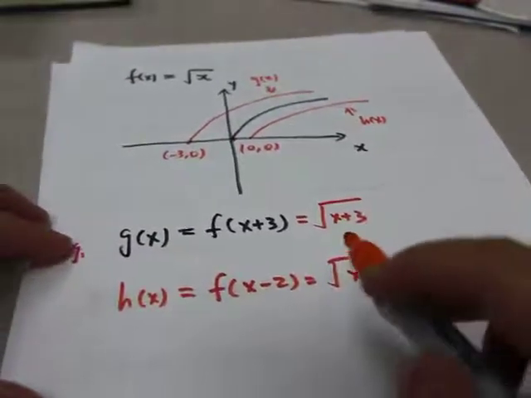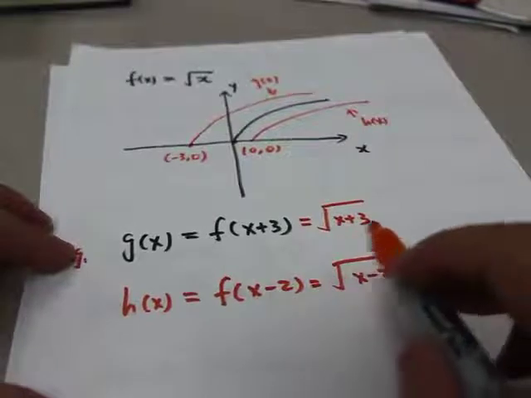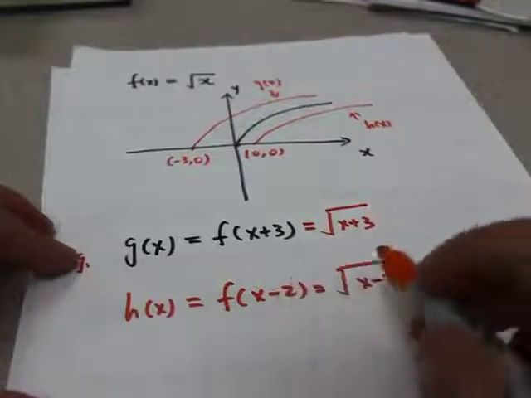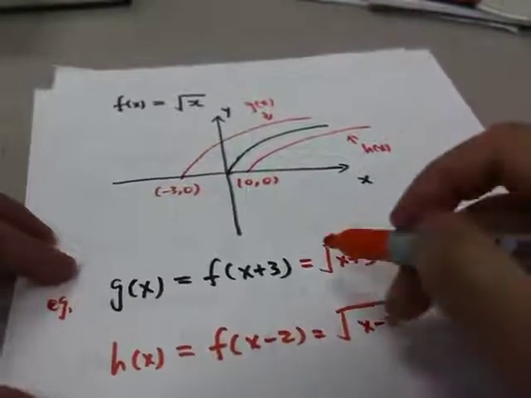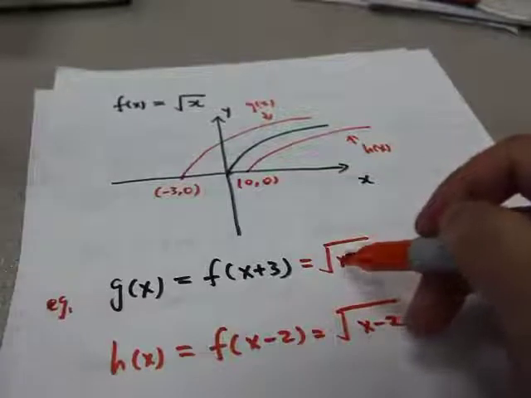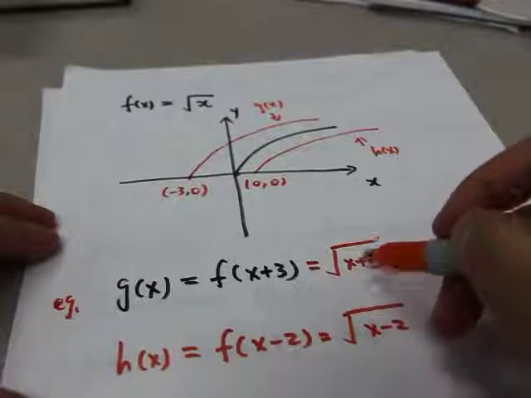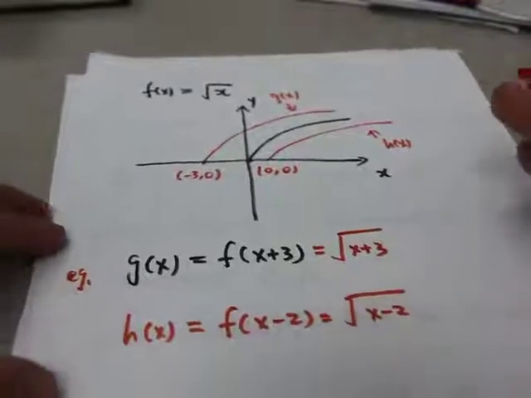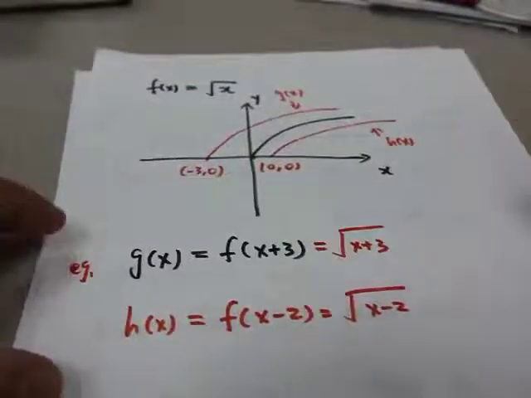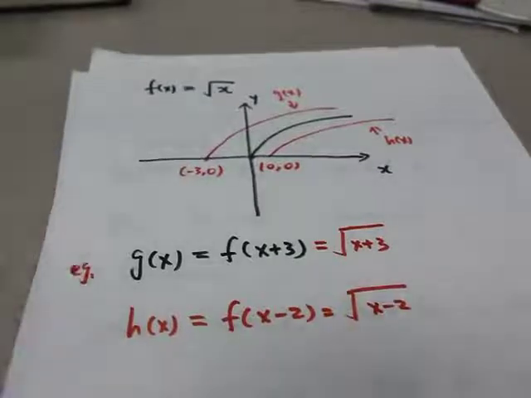Now the common mistake when students study the horizontal shift is that sometimes they couldn't figure out the directions. They couldn't figure out whether they should shift the graph to the right or to the left. So the way I remember is like this.